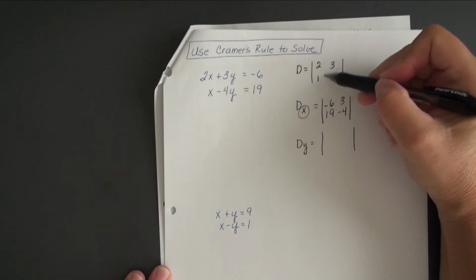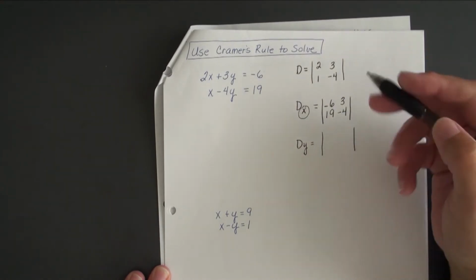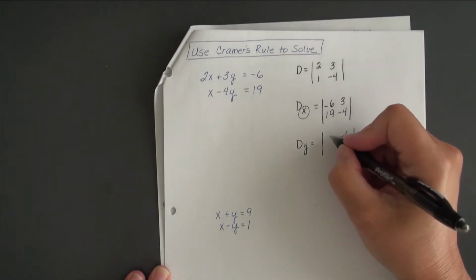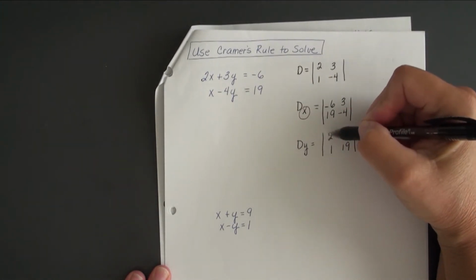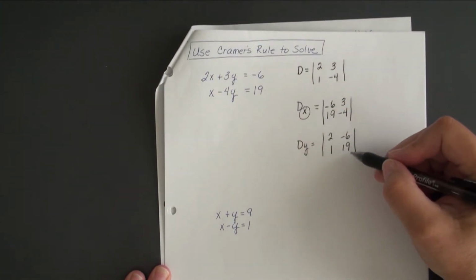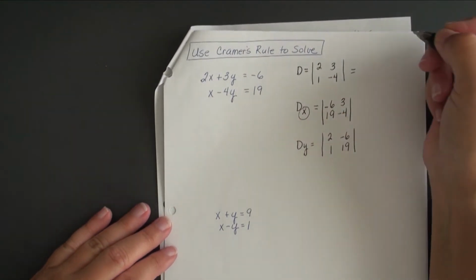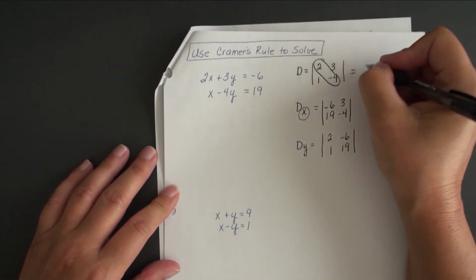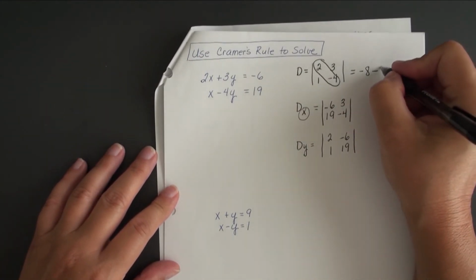So we've just replaced the 2, 1 with the -6, 19 for the D sub x. For D sub y, we're going to put the -6 and 19 in the y column and leave the x column the same. So the x column remains the same and the y column is replaced with the -6, 19. Now we solve each of those determinants. 2 times -4 is -8, minus 1 times 3 is 3.